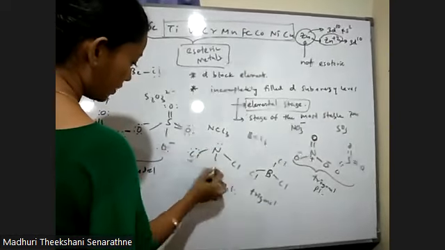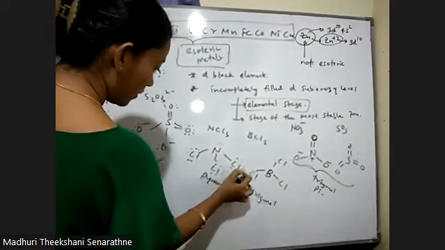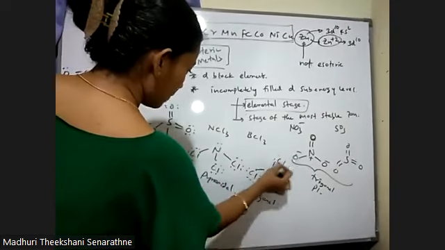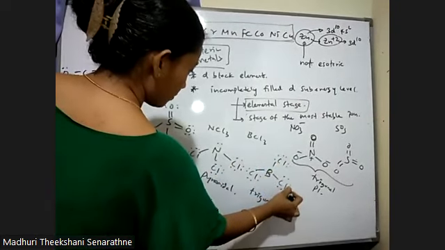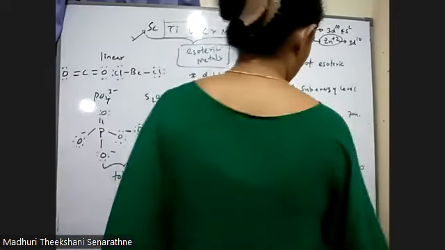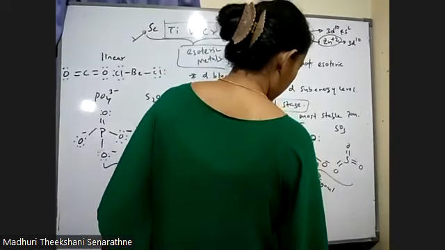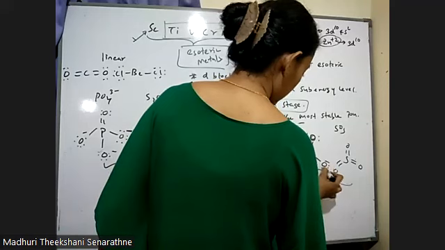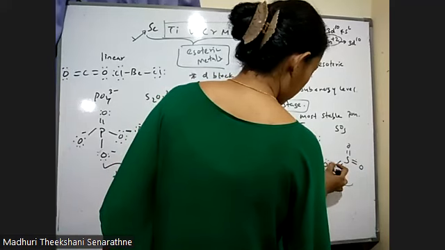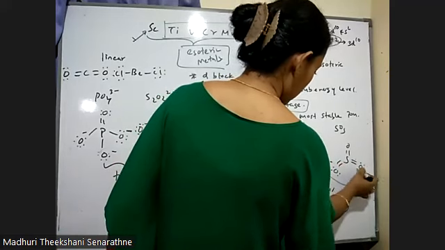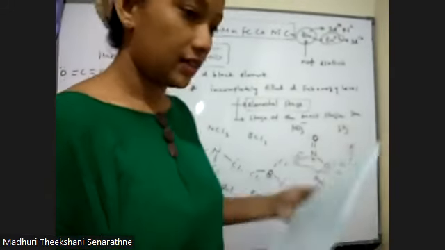Chlorine, 7 electrons. And NO3 minus looks like this. Answer is NCl3 and BCl3.